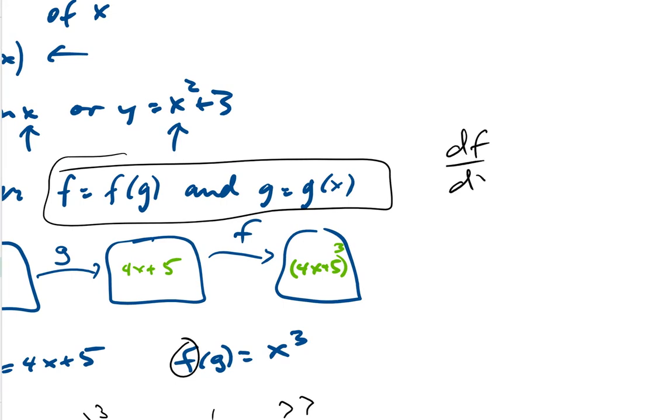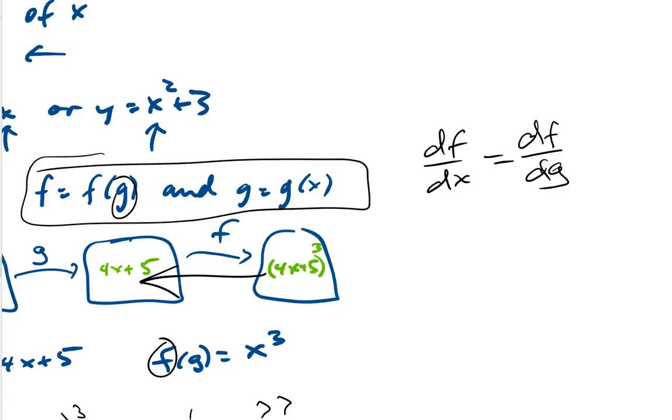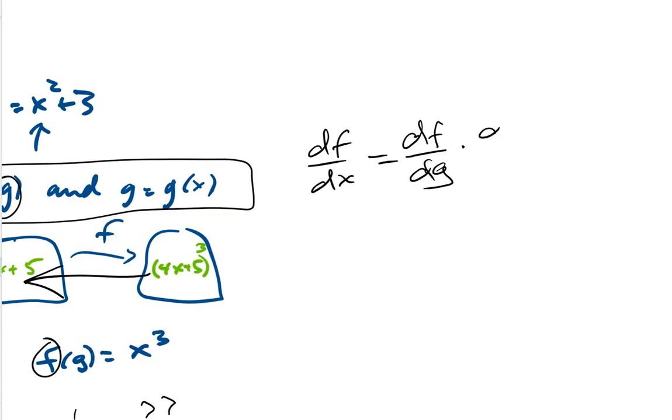So that'll be df dg. I take the derivative of f with respect to g, and then I multiply that times the derivative of g with respect to x.